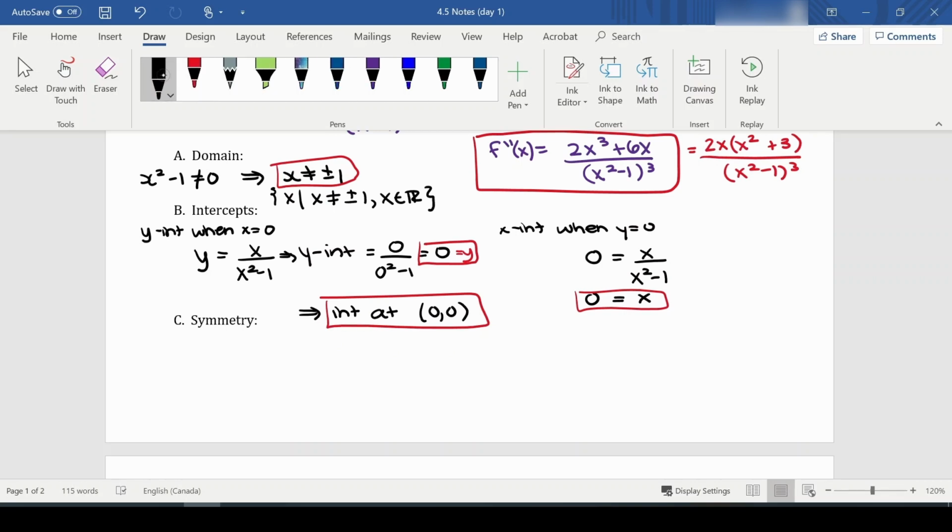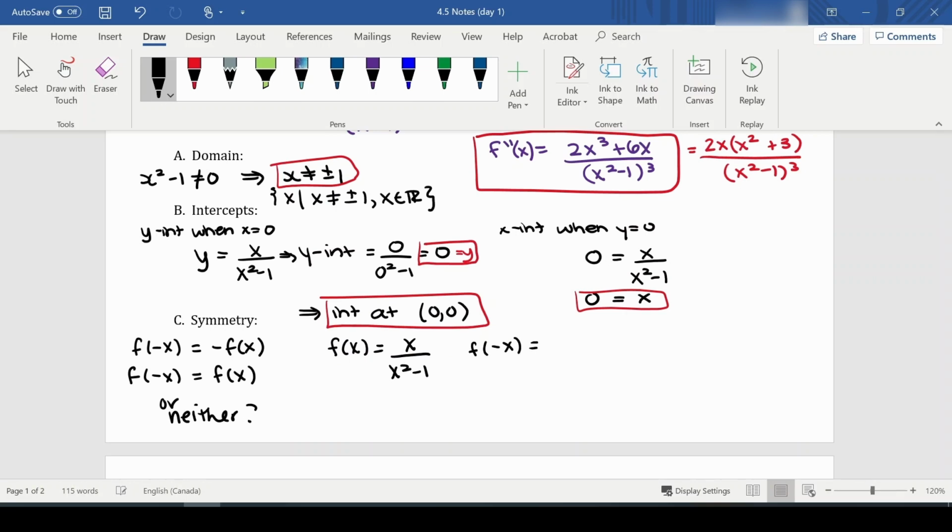Our symmetry, we're looking for f of negative x. Does it equal f of x, or does it equal negative f of x, or neither? So our f of x is x over x squared minus 1. F of negative x would be negative x over negative x squared minus 1, which is negative x over x squared minus 1.